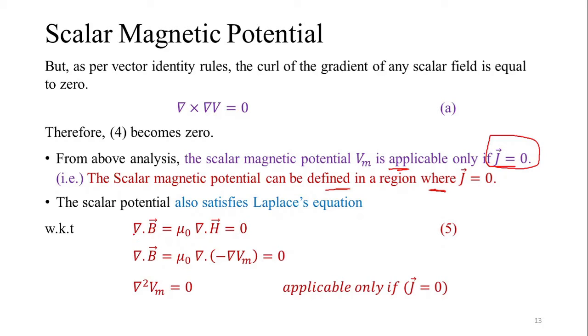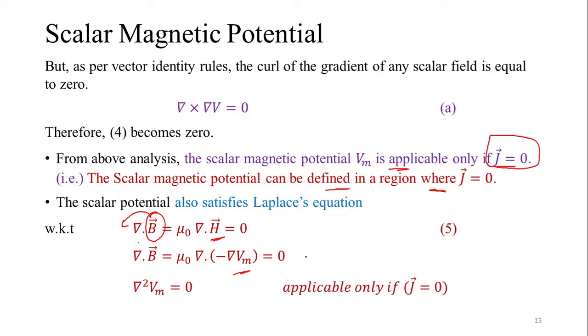We know the equation del dot B is equal to 0, where B is mu naught H. Just bring the mu naught outside. So del dot B is equal to mu naught del dot H, which is equal to 0. Instead of H, just substitute minus del Vm. So mu naught del dot minus del Vm is equal to 0.